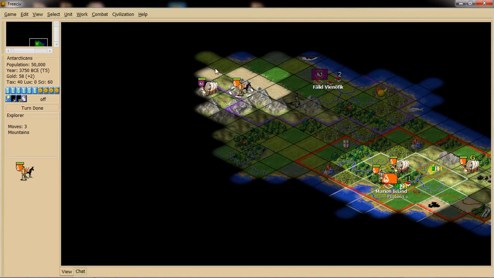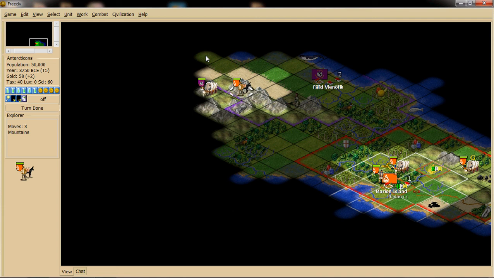Now, this settler is not currently in the zone of control of this imaginary unit from another nation, posted at the mouse cursor.